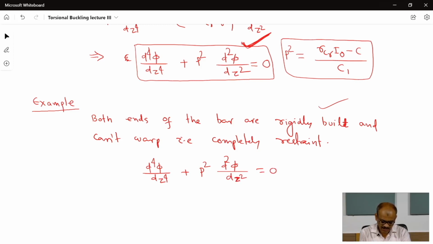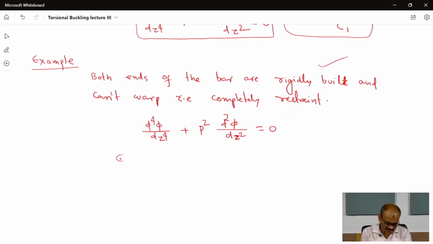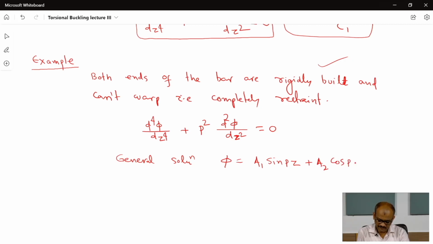This is the governing differential equation, and the general solution is phi is equal to a1 sin pz plus a2 cos pz plus a3 z plus a4.